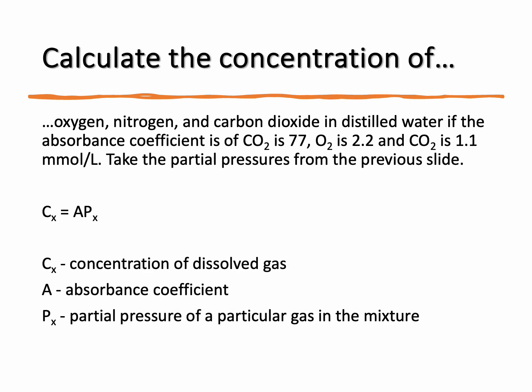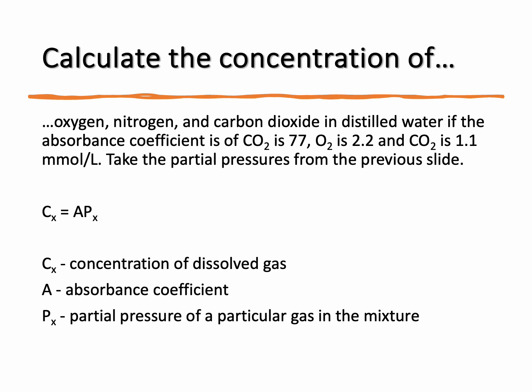Okay, the next formula you're going to need to know, and I'll give you these formulas on the test, but I need you to be able to practice using them, is to calculate the concentration of each of these dissolved gases based on the absorbance coefficient of each one.